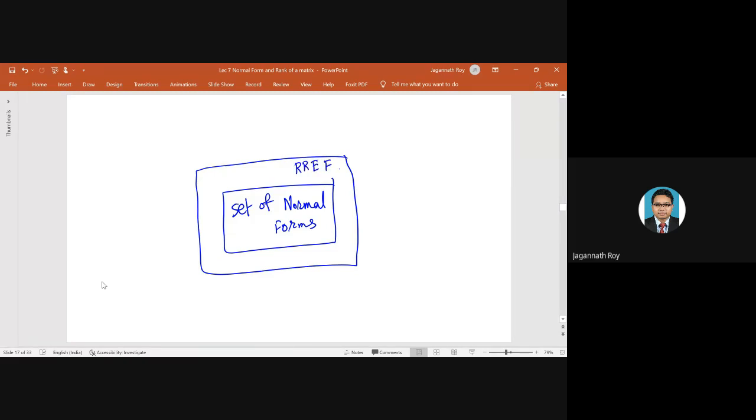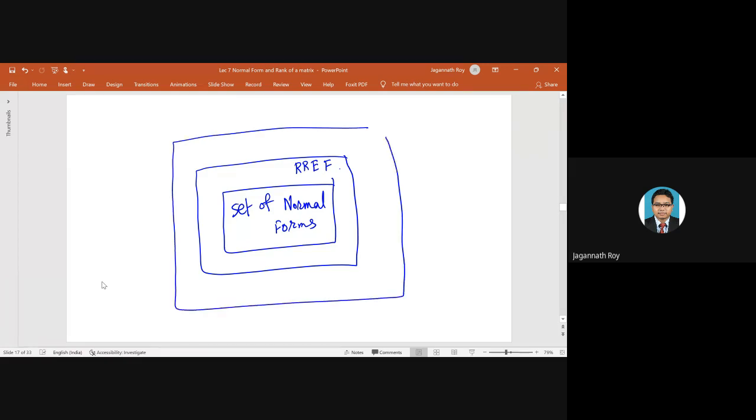Not all the RREF are normal forms. Outside it is row echelon form. So this is a very weak condition. As you move inside, if you draw it as a circle or box, you go inside.